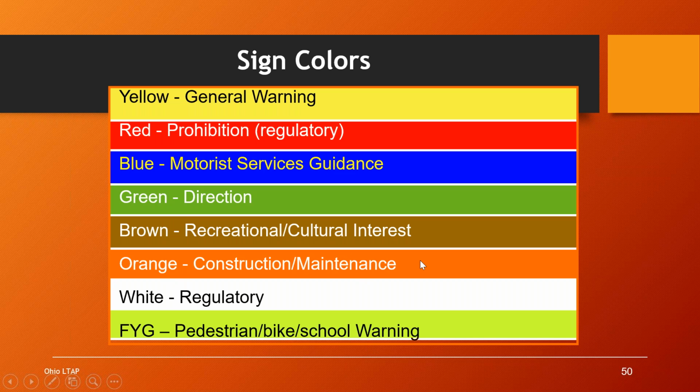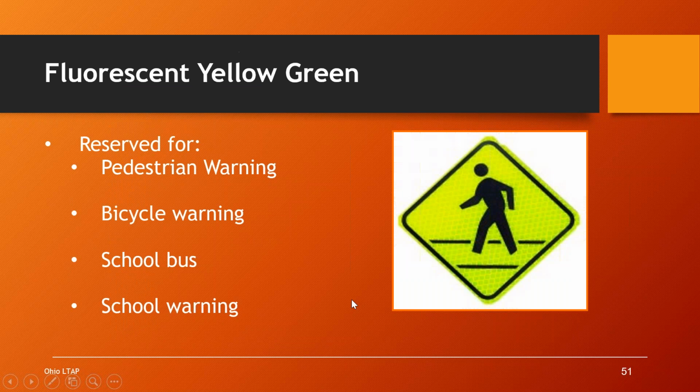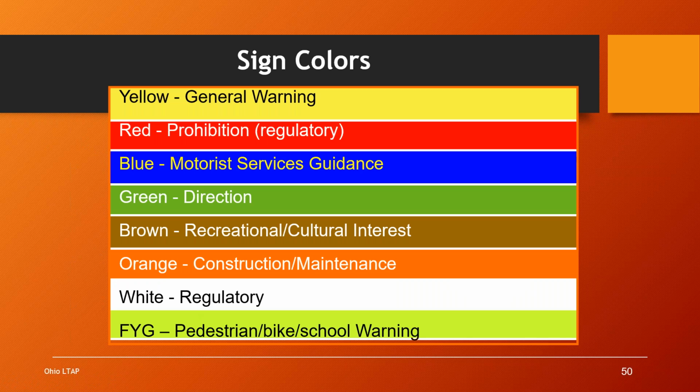And then orange. Orange for construction and maintenance. So as soon as you see the color orange, you should know instantaneously that you're about to arrive at a work zone. And white for regulatory. And we have another color called FYG for pedestrian crossings and school zones and bicycle crossings.